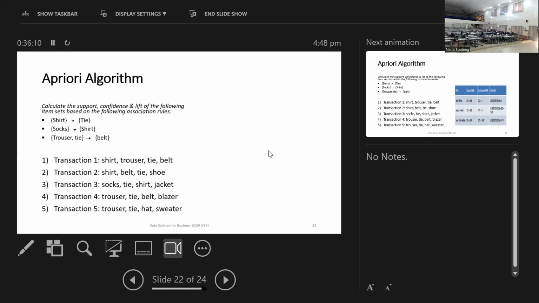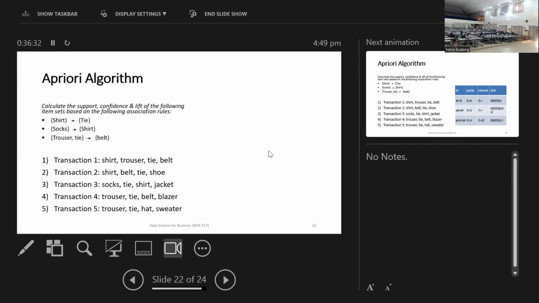So explain. Transaction 1, let's say transaction 1: trousers, tie, and belt. Okay, fine. And then transaction 4: trousers, tie, and belt. That's happening. Okay, so here it is.